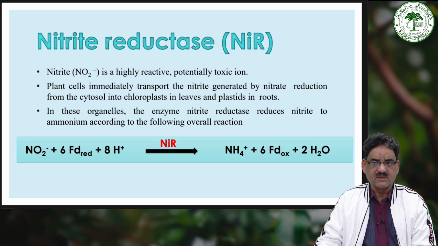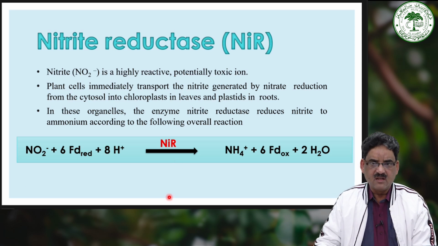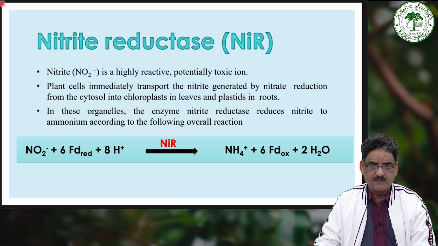The reduction process involves the transfer of 6 electrons, a crucial step in detoxifying nitrite and facilitating its incorporation into metabolic pathways. In the reaction, here, ferredoxin is represented by the Fd with the subscripts red and ox indicating the reduced and oxidized state respectively.